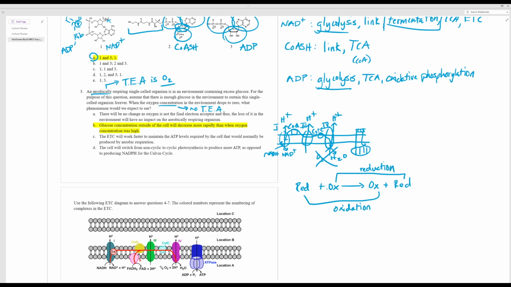And so if we had, at the end, complex 4 in its reduced state plus cytochrome C in its reduced state, we have 2 reduced things. So we'd have an oxidation half reaction and then something that's reduced is also accepting electrons, which doesn't work, right? So that would not be possible.